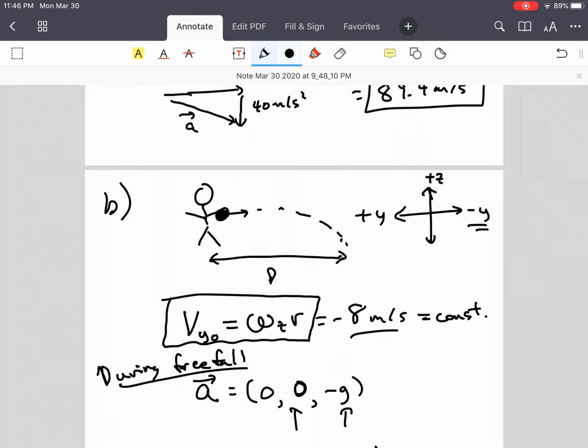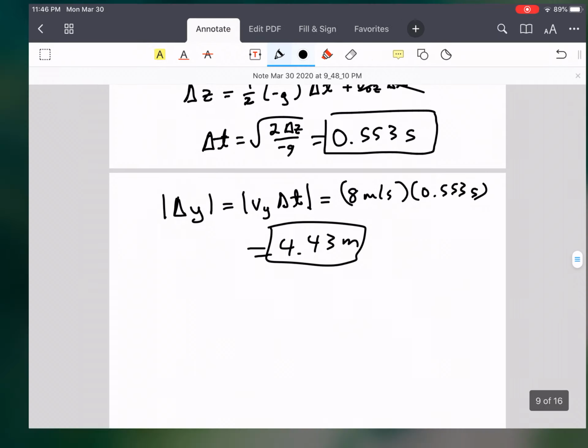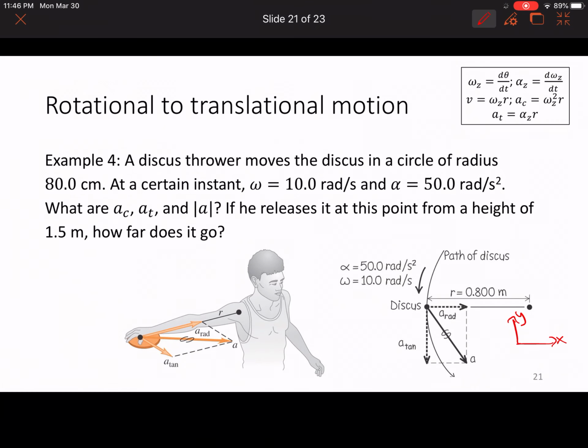The discus is in free fall. And then I can just go ahead and use all of the formulas for projectile motion, which we already know. So the big takeaway from this lecture is that rotational motion is very, very similar to translational motion. You just have to be slightly careful to use the same formulas and to connect the dots between them in problems like this, where we want to know also about translational motion.